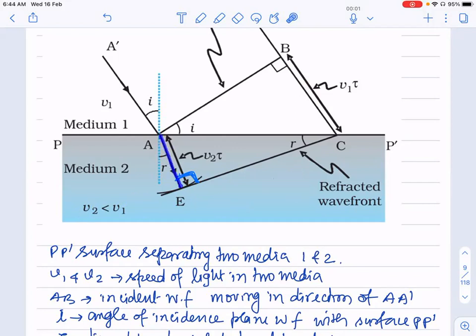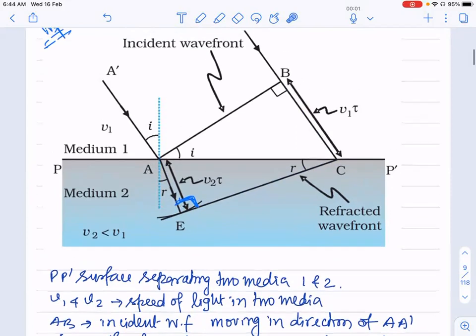So जितना डिस्टेंस हुआ V2 into tau उतने का आर्क लगा देंगे, इसको ज्वाइन कर देंगे जैसे. दिस इज कॉल्ड रिफ्रैक्टेड वेव फ्रंट. ठीक है. इसमें साइन आई क्या होगा?